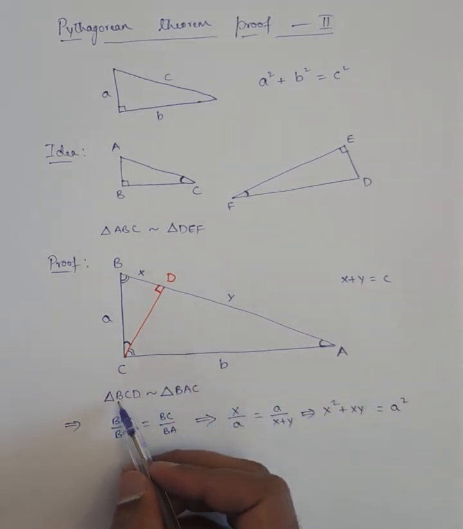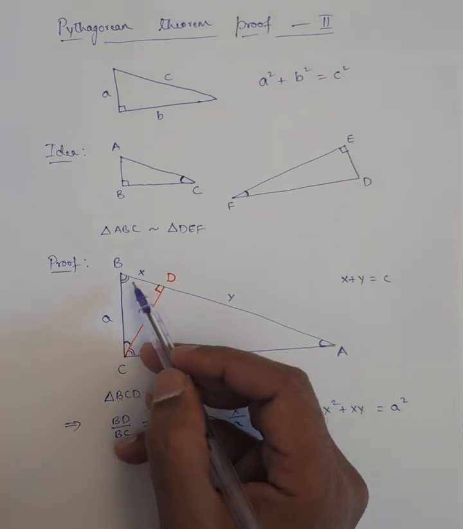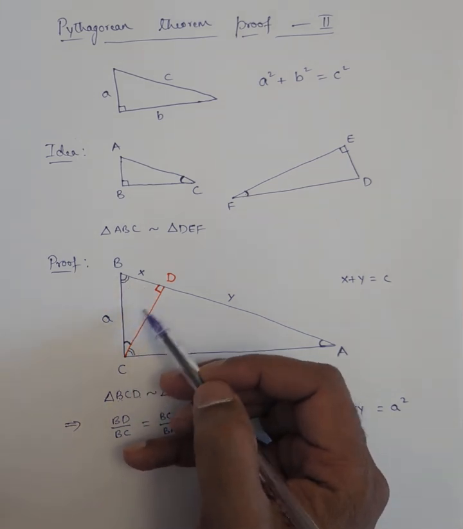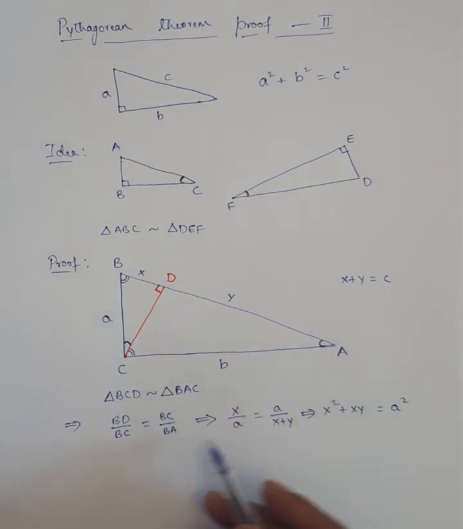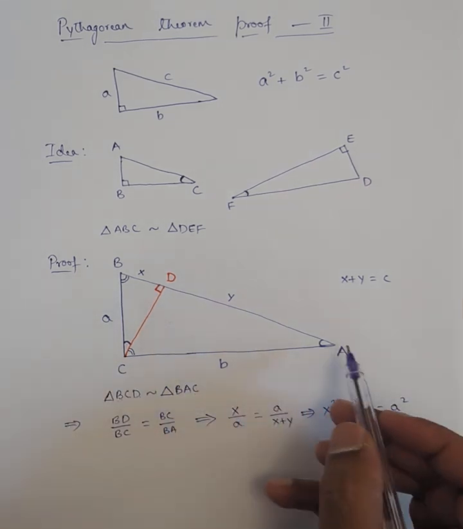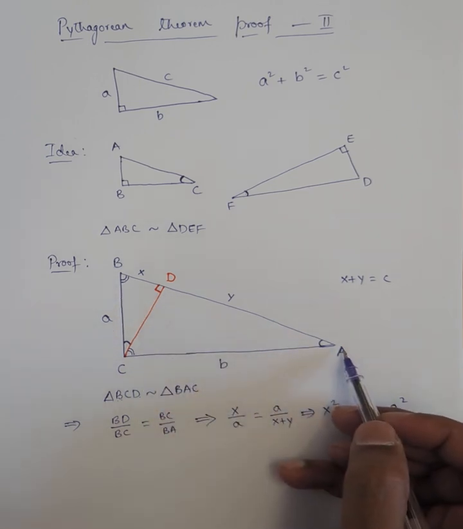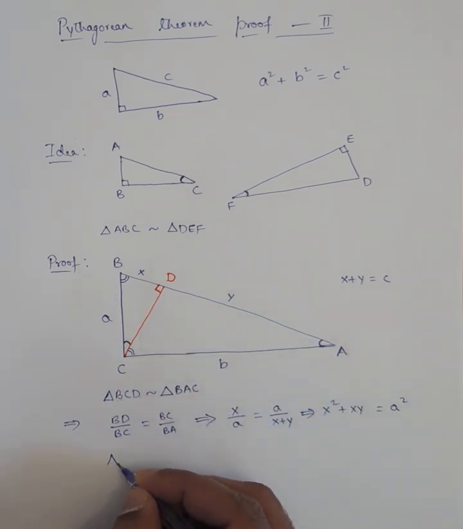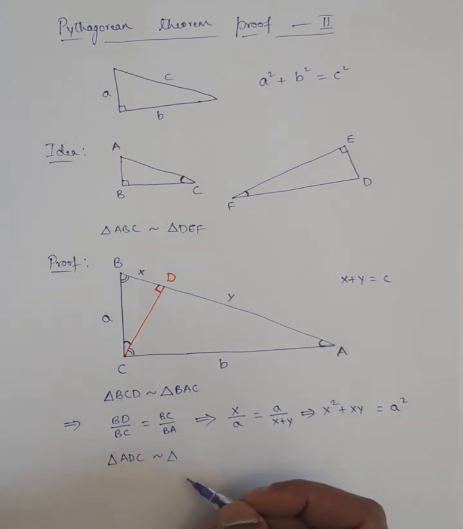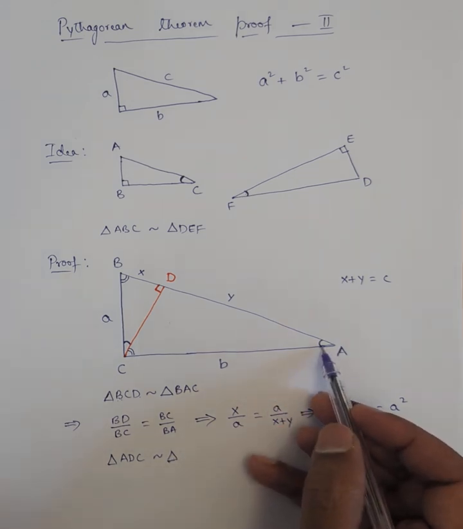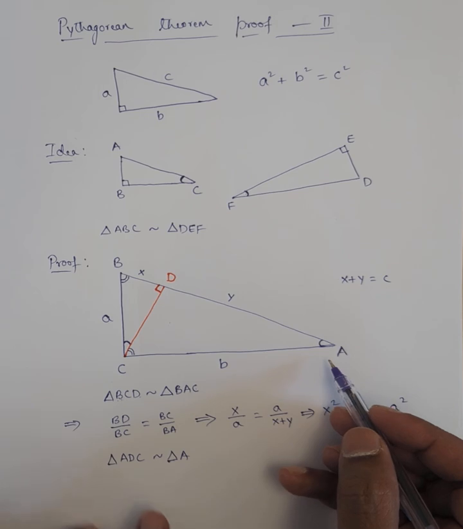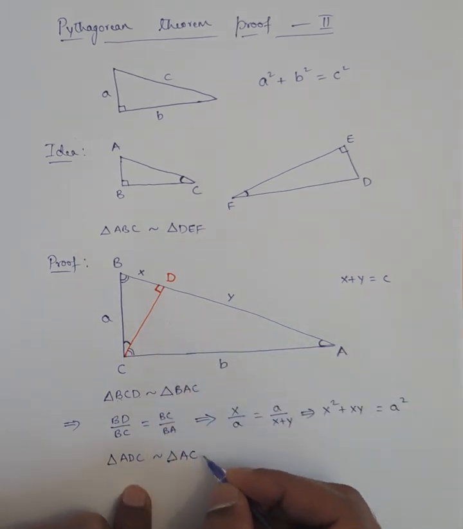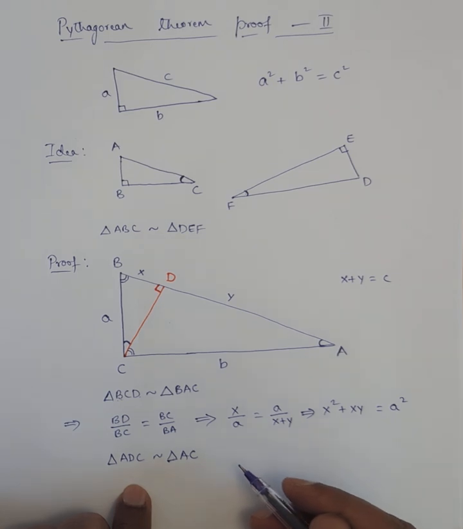All right, so now from the similarity of the smaller right triangle with the original right triangle, we have this relationship. Now we can also look at this right triangle, which is triangle ADC. This is similar to the original triangle. So A corresponds to A, but D is the right angle, so that corresponds to C in the original triangle.